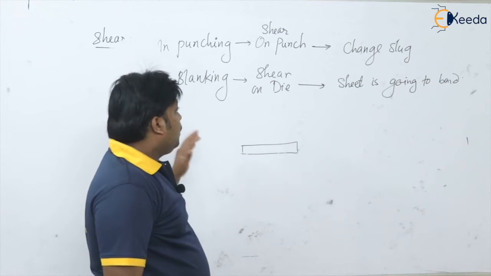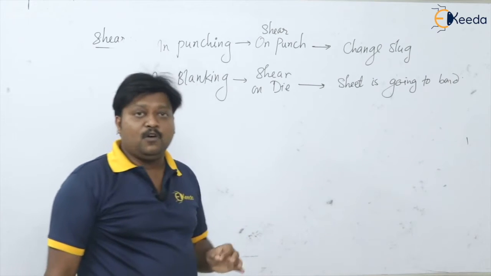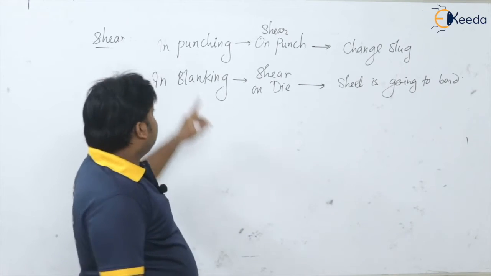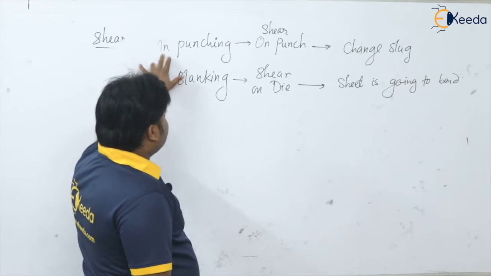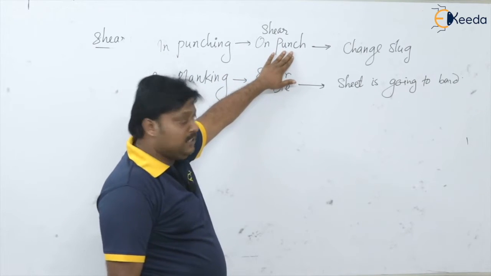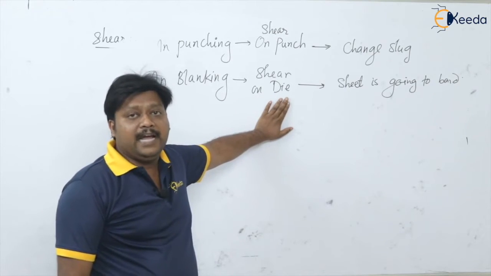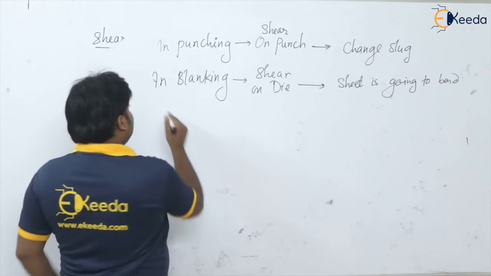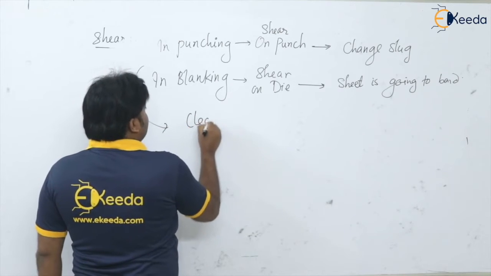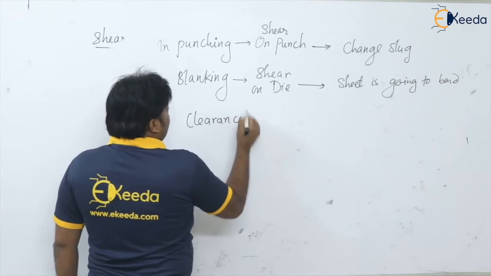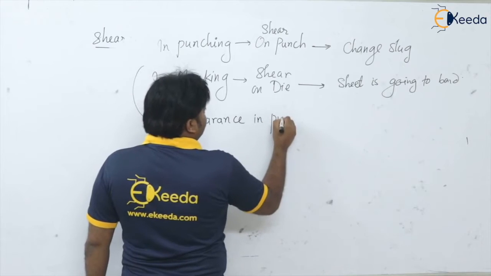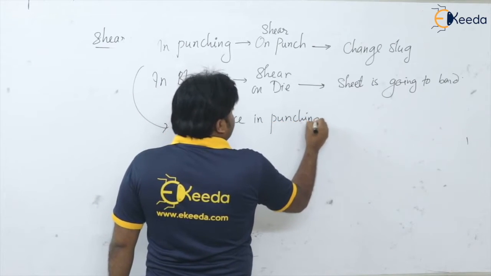Now we are all firm on one statement: in punching operation we will provide the shear on punch, and in blanking operation we will provide the shear on die. But many times these questions are asked, so please remember about clearance in punching operation: it is reverse.